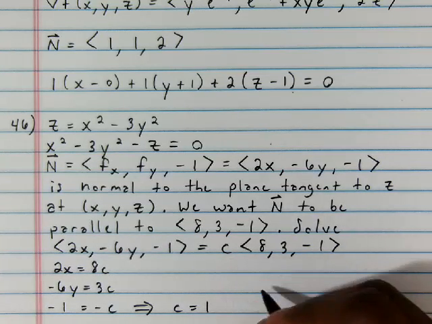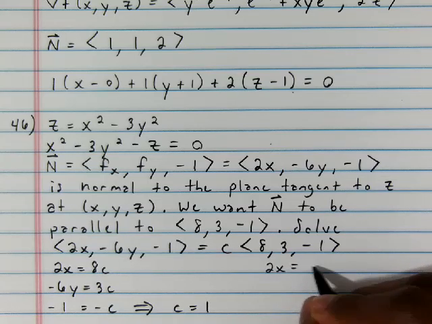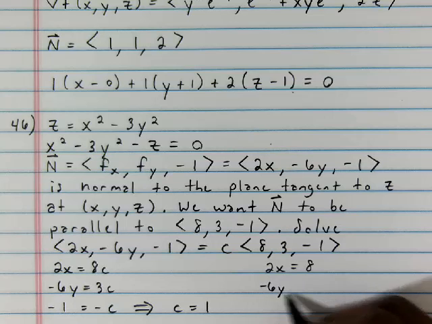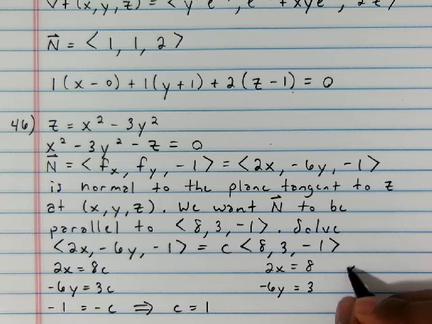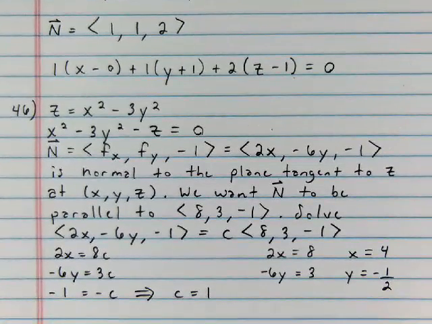So with c equals 1, 2x equals 8, and negative 6y equals 3. So this tells us that x equals 4, and y equals negative 1/2. All right, so we have the x and the y coordinate for the point that we're interested in.